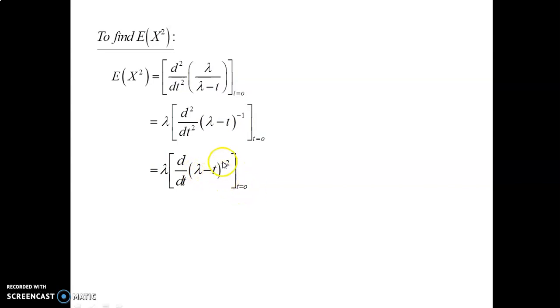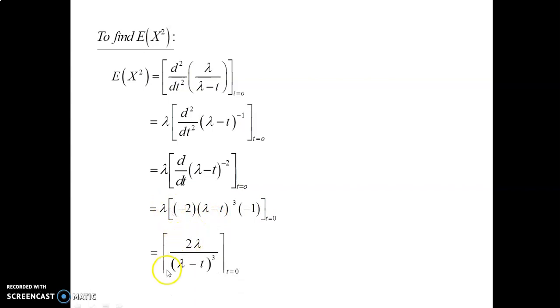Differentiating again, we get lambda into minus 2 into lambda minus t the whole power minus 3, into the differentiation of the bracket, which is minus 1. Minus into minus is plus, so 2 lambda divided by lambda minus t the whole cube at t equal to 0. Putting t equal to 0, we get 2 lambda divided by lambda cube. Cancelling, E of x square is equal to 2 by lambda square.